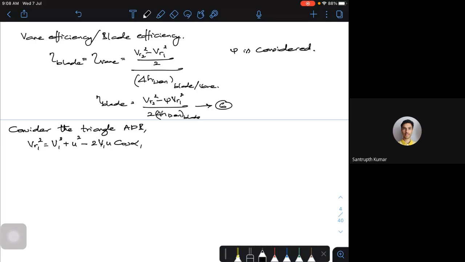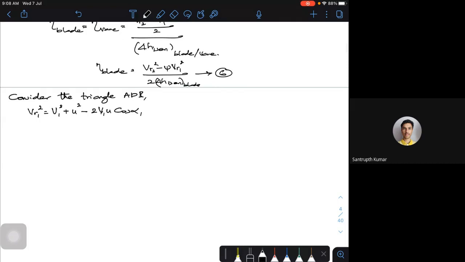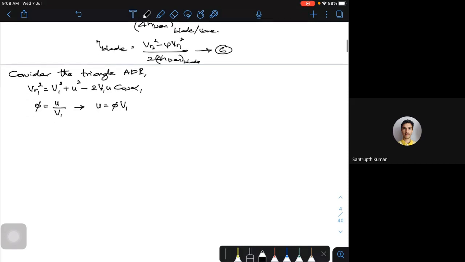Now already we know this. We have already defined phi as the speed coefficient, which is defined as U by V1, or I can write U is equal to phi into V1. So substitute for U in this equation.